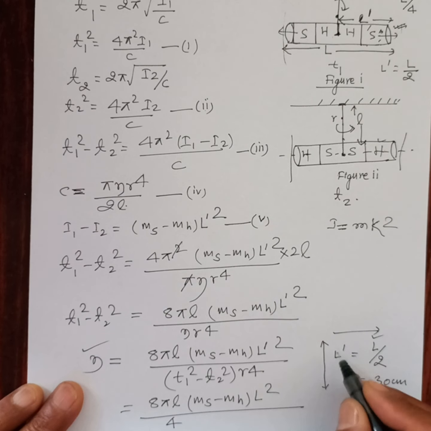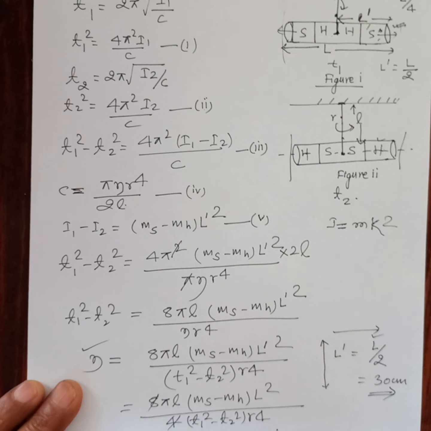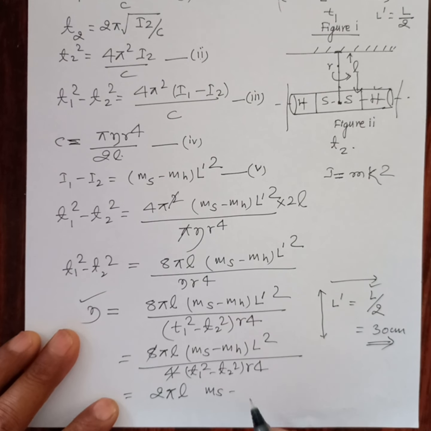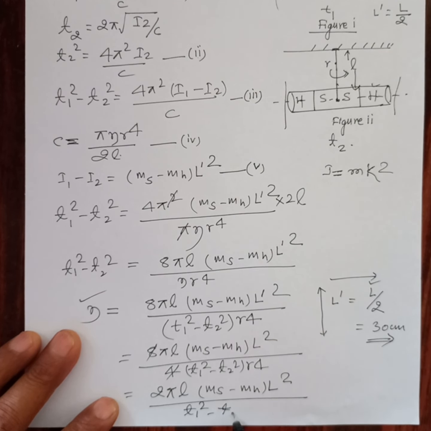If you square it, you will get L dash square is equal to L square by 4. So eta is equal to 2 pi l times the mass of the solid cylinder minus the mass of the hollow cylinder times the length of Maxwell's needle squared, divided by T1 square minus T2 square times R to the 4.